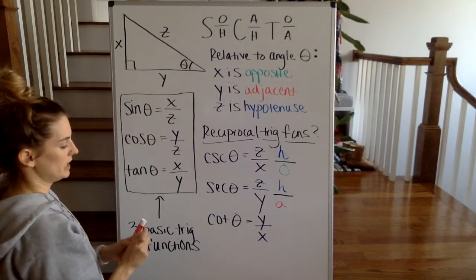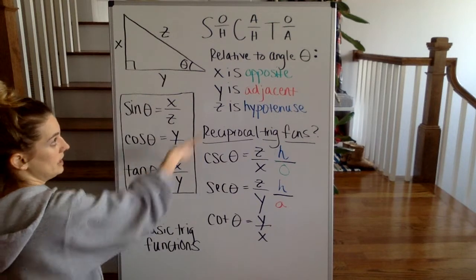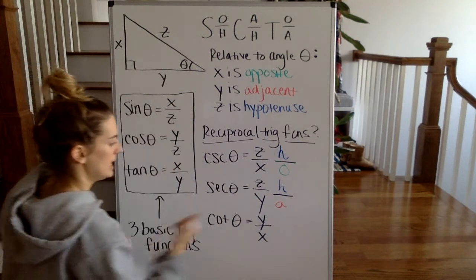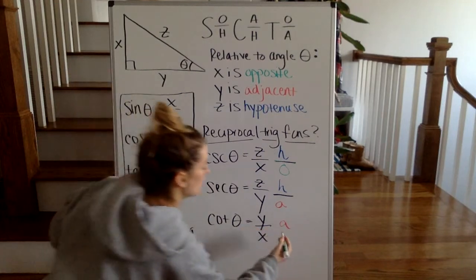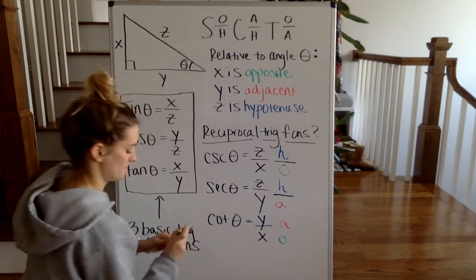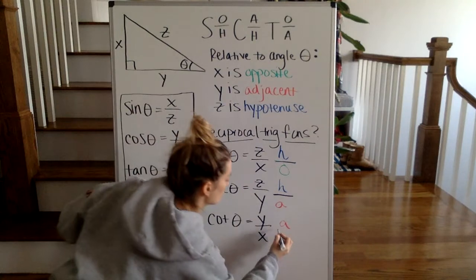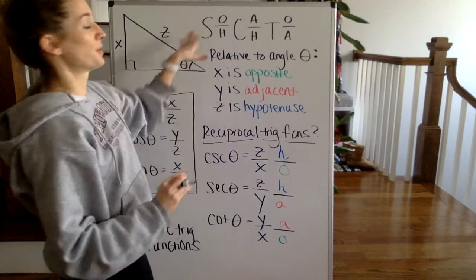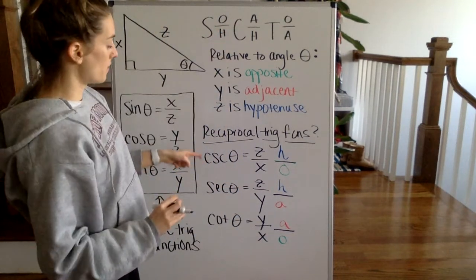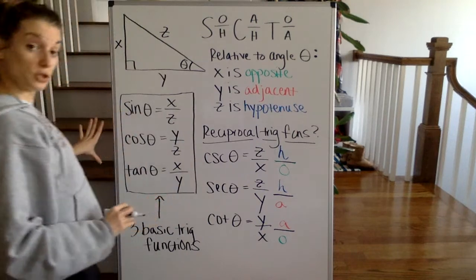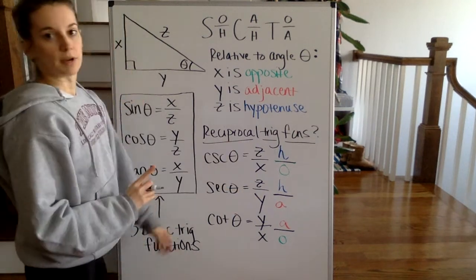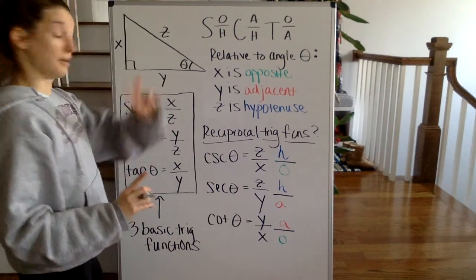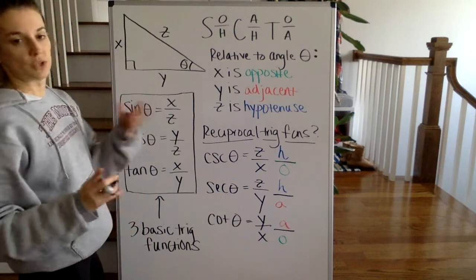And lastly, cotangent, if it's the reciprocal of tangent, instead of opposite over adjacent, it's adjacent A over opposite O. And so if you can remember SOHCAHTOA, and you can remember which reciprocal goes with which trig function, then it's easy to figure out how to turn the trig ratios into reciprocals from SOHCAHTOA.